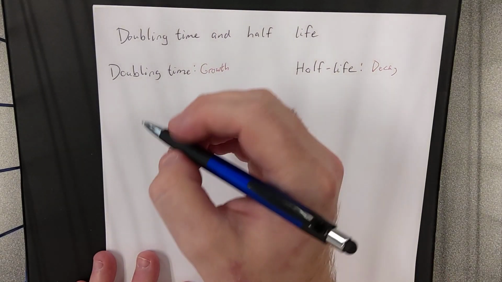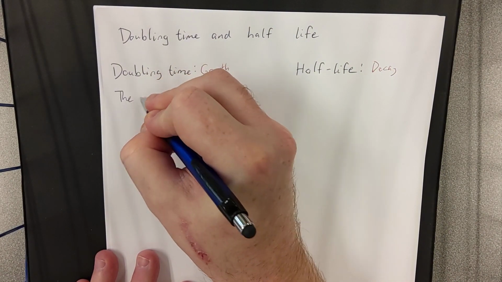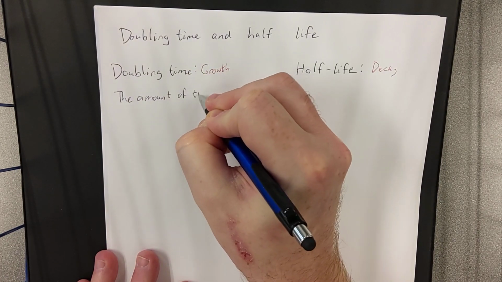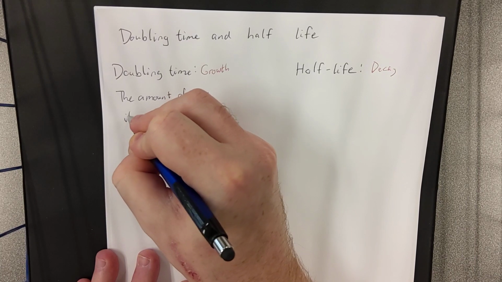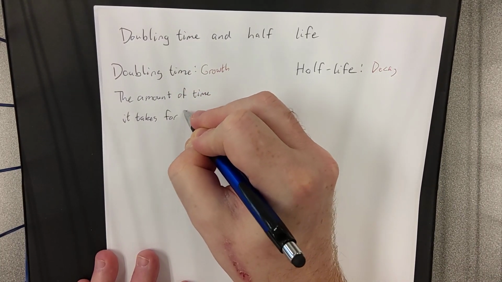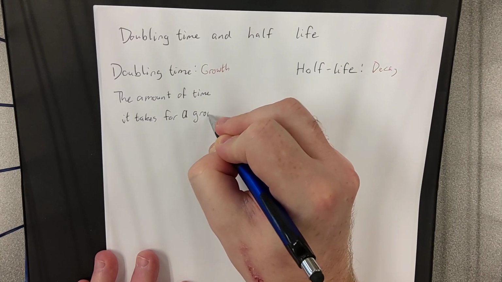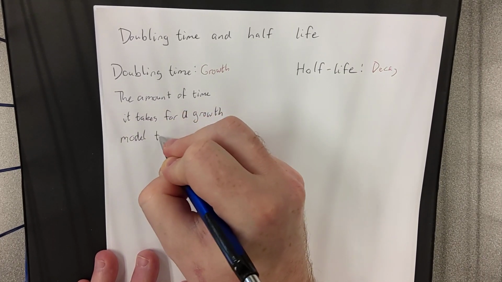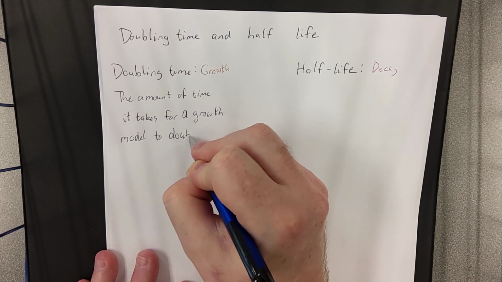So these are defined as the amount of time it takes for a growth model to double in size.